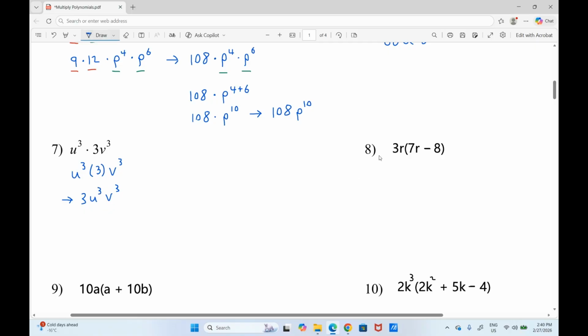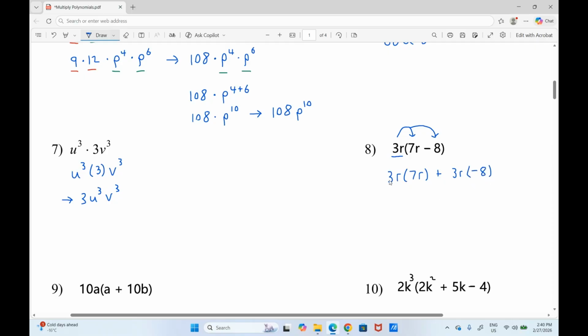Okay, now let's move on to number 8. For this one, it's the distributive property that we talked about before, except now I have a variable on the outside. So it's going to be 3r multiplied to 7r and multiplied to the negative 8. So I multiply the polynomial I have on the outside to the different terms that I have inside the bracket. So this is going to be 3r multiplied by 7r, and then I'm going to have 3r again multiplied by negative 8.